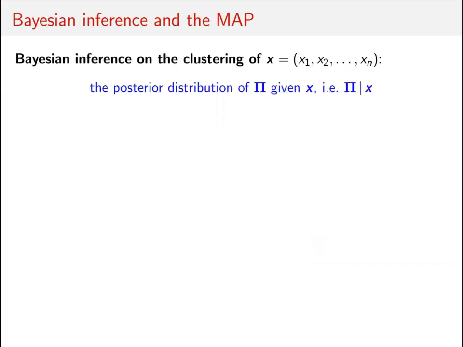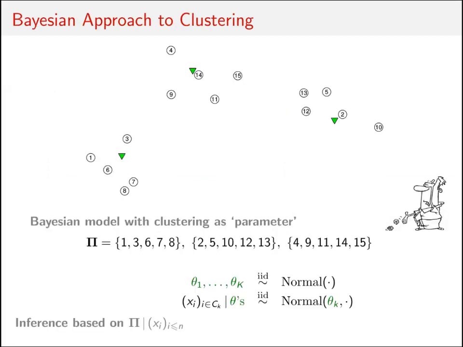At this moment, maybe just a quick glimpse at this picture and this model. How it works: I randomly choose a partition of indices. This is how I imagine the data was obtained. I randomly partition indices. Then for every cluster, I sample the mean.